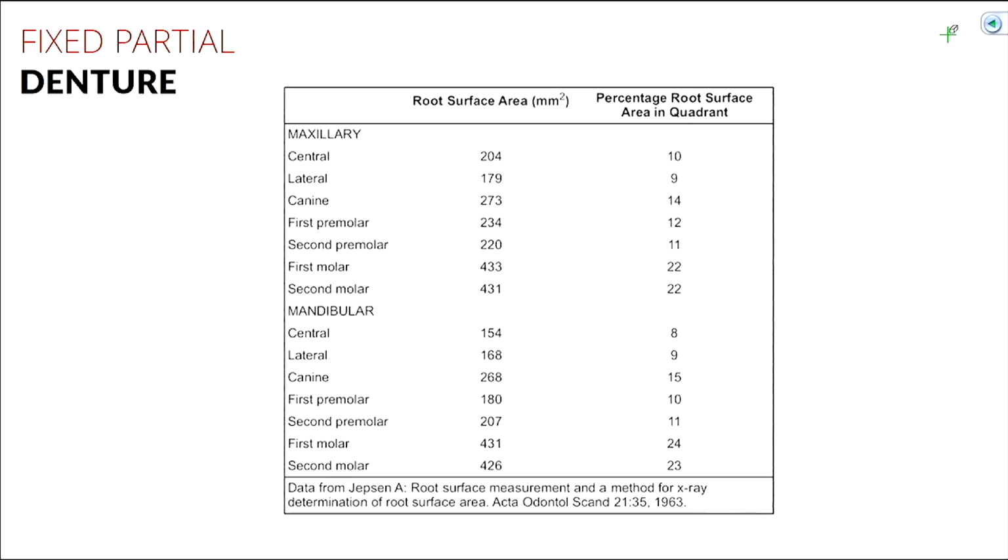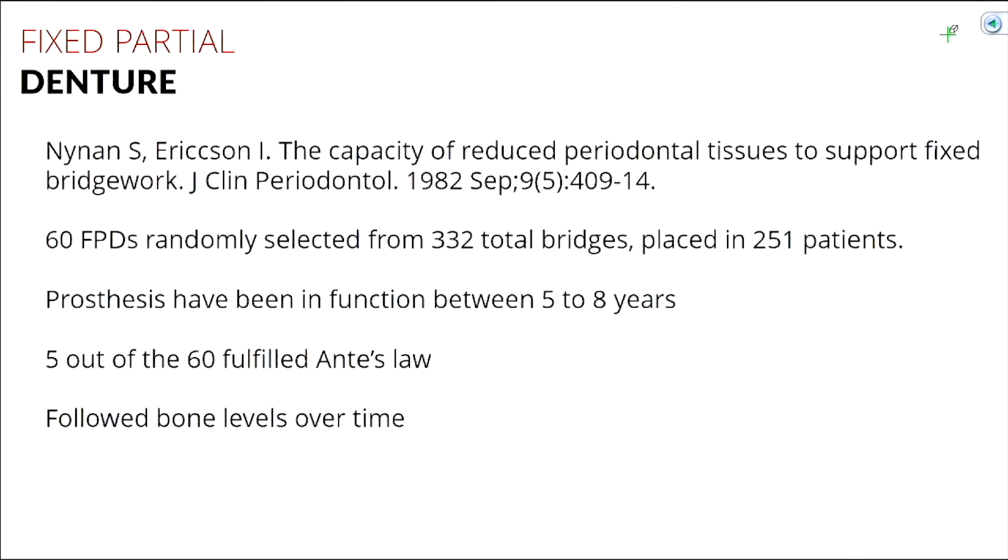We would say Ante's law is just sort of a guiding principle that we use, but there's not a lot of science behind it that proves that that's a good measure of whether a bridge will be successful or not. Because some people have actually done studies and they've taken existing FPDs, fixed partial dentures, that have been placed in patients' mouths.